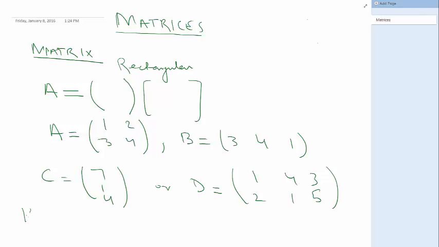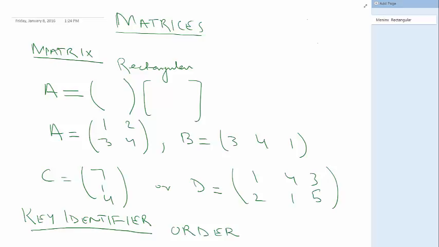So let's start with the key identifier. Another question is, what is the key identifier of a matrix? In matrix algebra, the key identifier is its order.